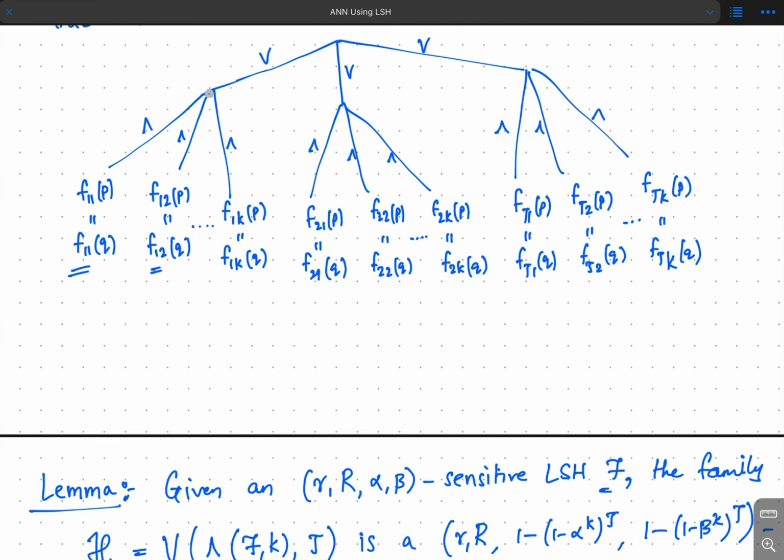So we want to compute the probability that this is 1, which happens only if each of these succeed. The probability of each of these is given by alpha, and there are k of these, so we have a probability of alpha^k for this to be 1. For this also the probability of 1 is given by alpha^k, and so on. For this also it's alpha^k.